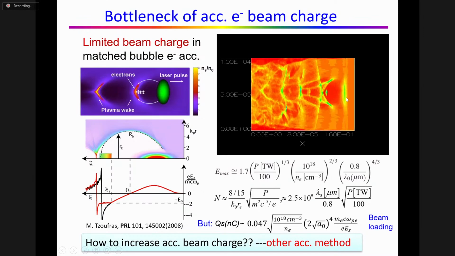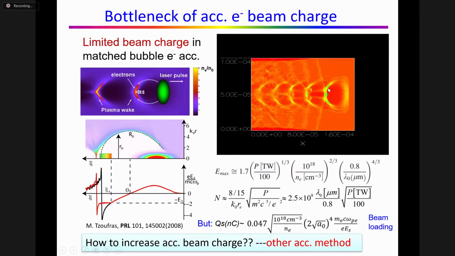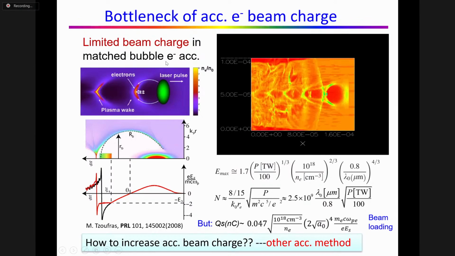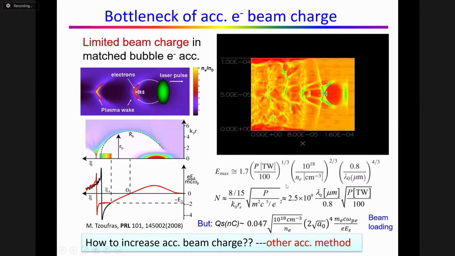Stable means the electron charge is really limited by the matched bubble electron acceleration situations. So the electron energy is decided by this formula, and its charge is decided by this one.